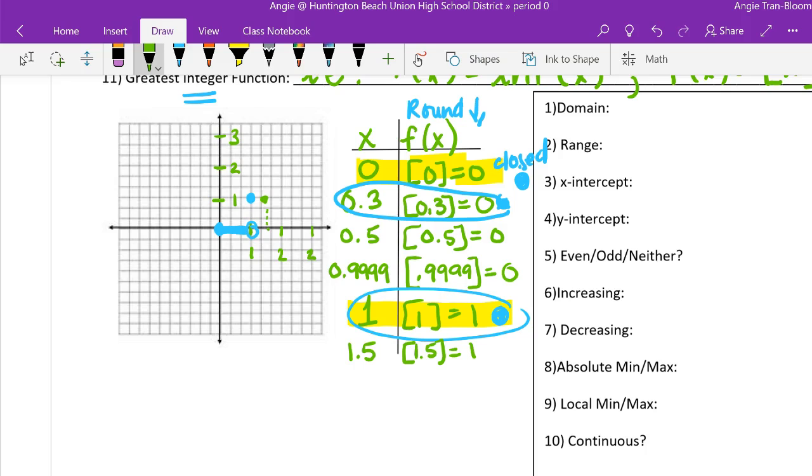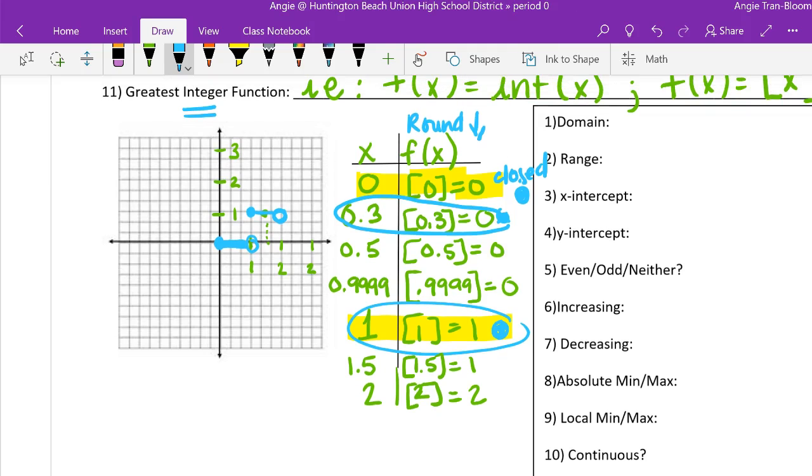I'm going to make a dot at 1 until I hit 2. The greatest integer value of 2, because 2 is an integer, I don't have to round down. I can keep it. So everything is going to be 1 until I get to 2. At 2, I have 2, so that's when I go to 2 and make a closed circle.